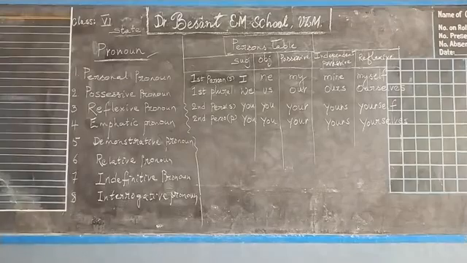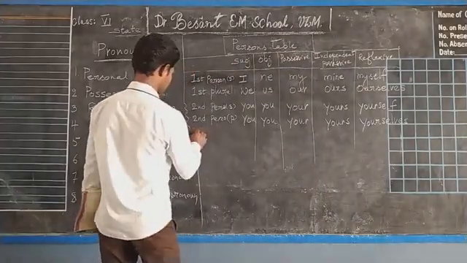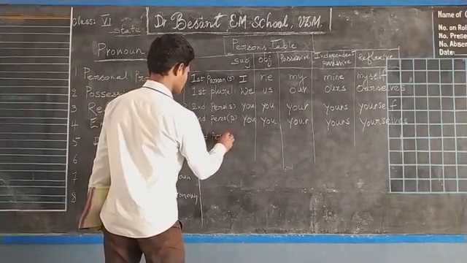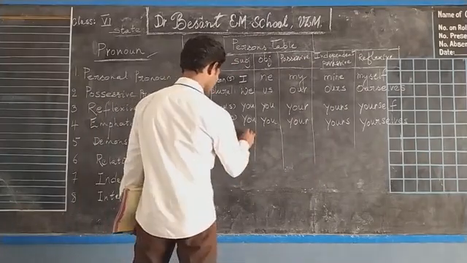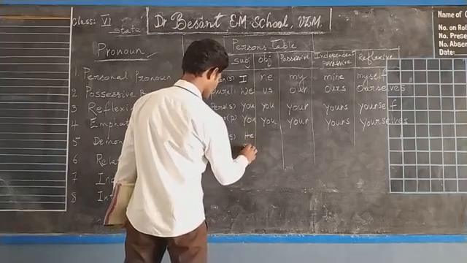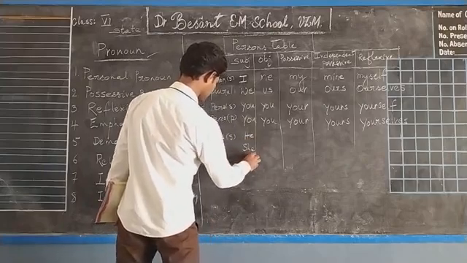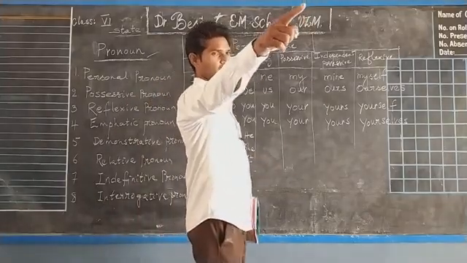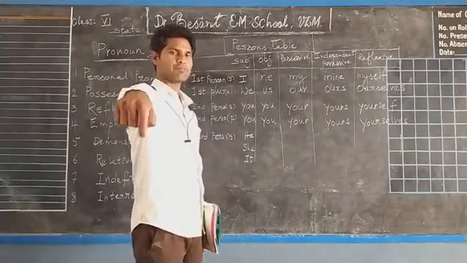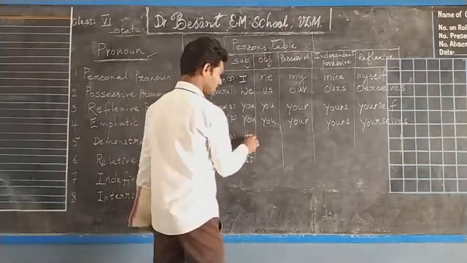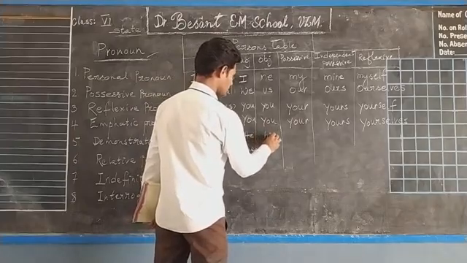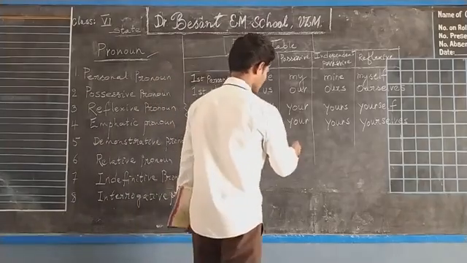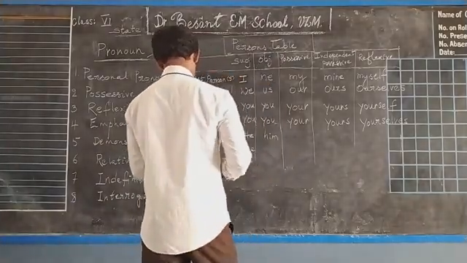And the next one is third person singular: he, she, it. He is used in the place of subjective case. He will tell you. He will help you. Whereas, please give him. Him is the objective case.